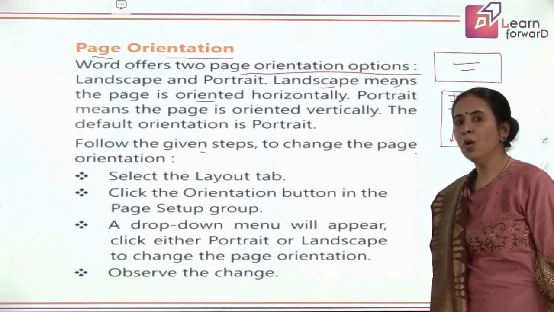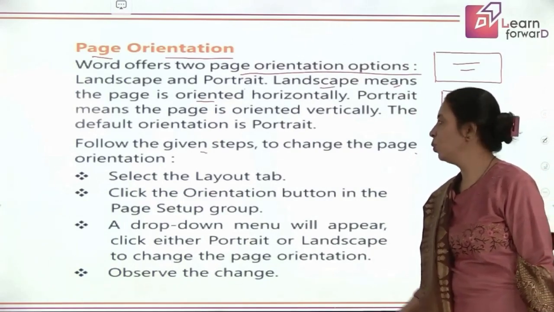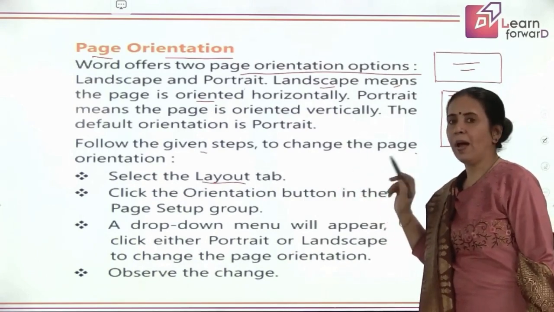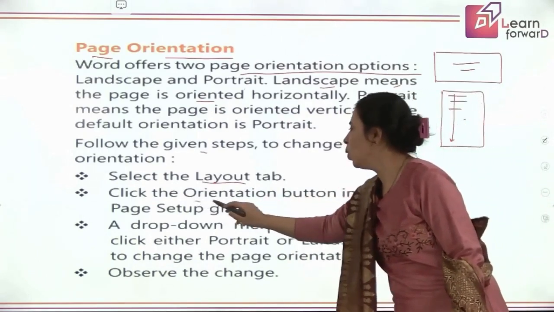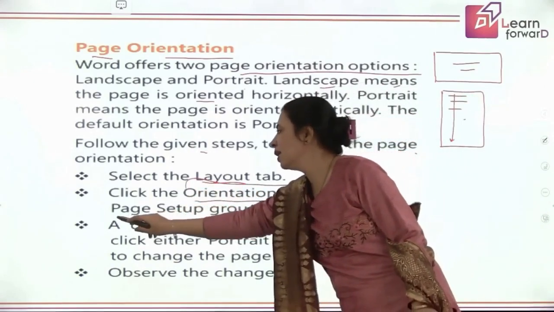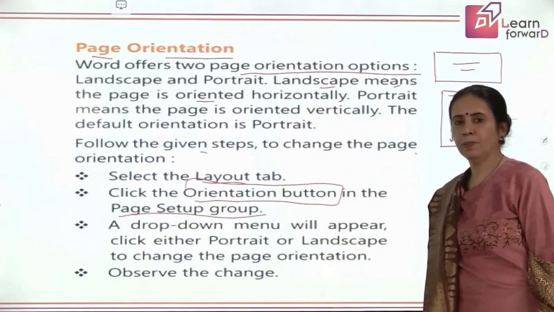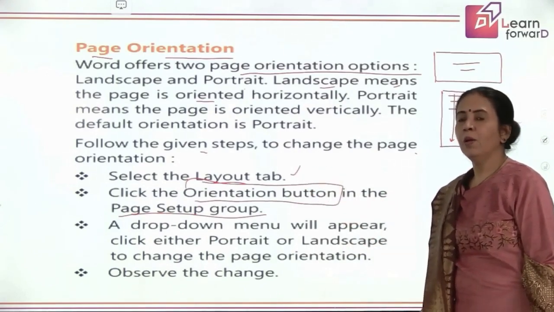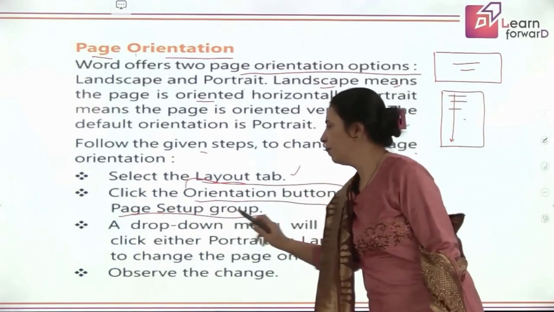What will you do? You will first go to the layout tab, right? Click on the layout tab and then there click on the orientation button which exists in the page setup group. That means we'll first go to the layout tab, we'll search the page setup group.